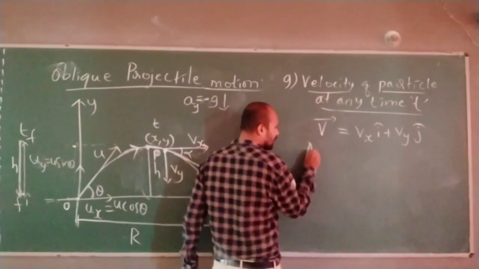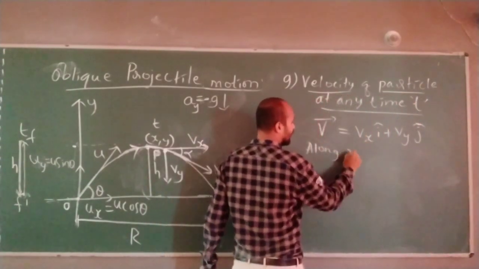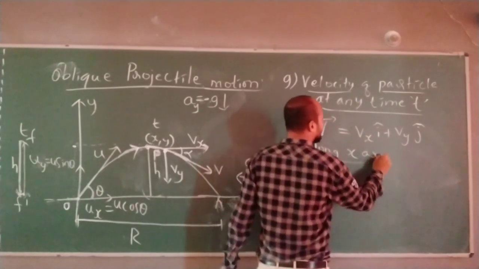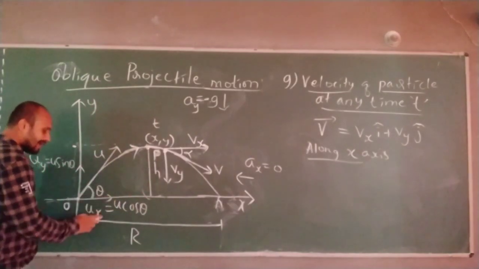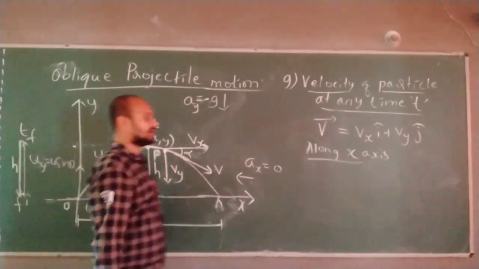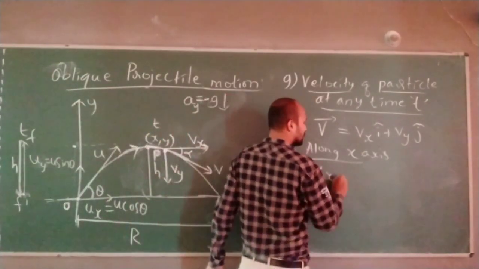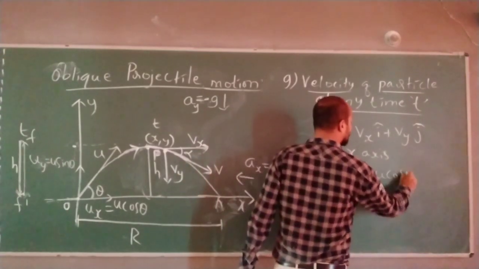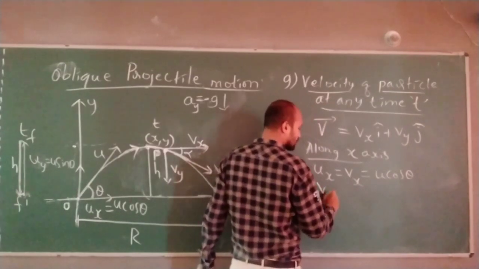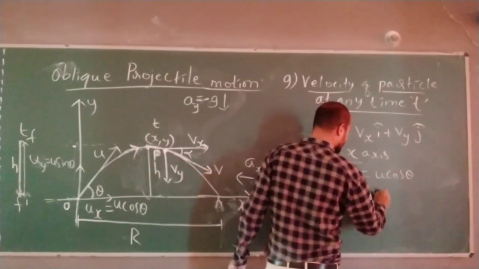If I talk about the x-axis, I will try to find the final velocity vx. Along the x-axis, ux will be equal to vx, which will be equal to u cos theta. So here vx will be equal to u cos theta.